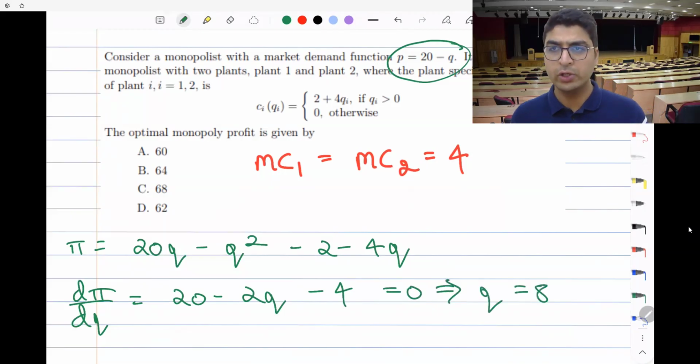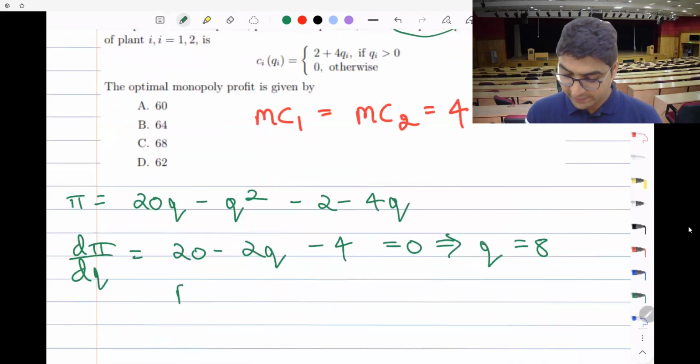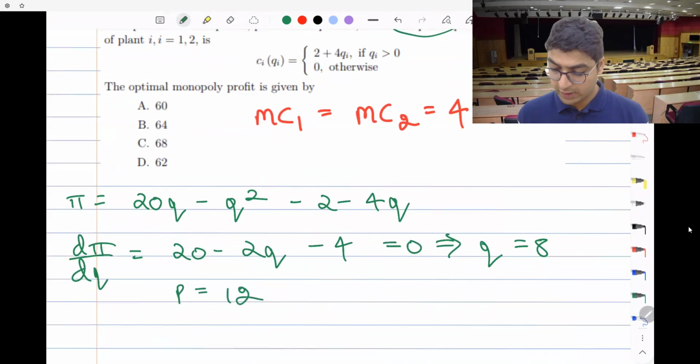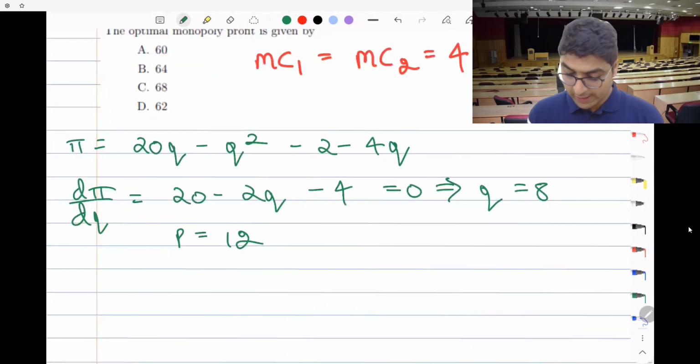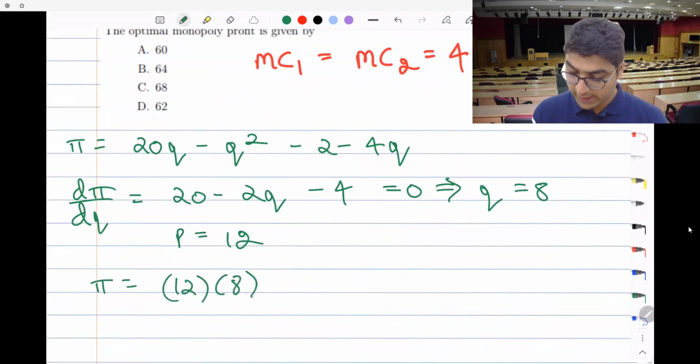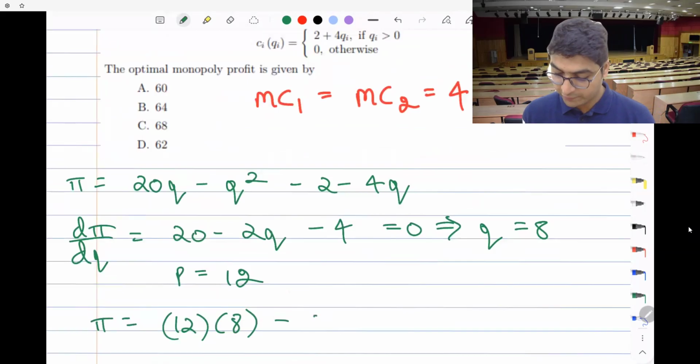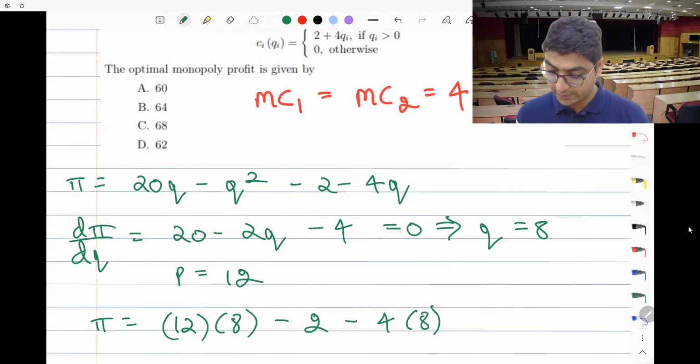So it can be q1 or q2, whichever plant the monopolist wants to produce in. And that gives us p equal to 12 from the function 20 minus q. And that gives us a profit of 12 into 8 minus fixed cost of 2 minus 4 times 8.